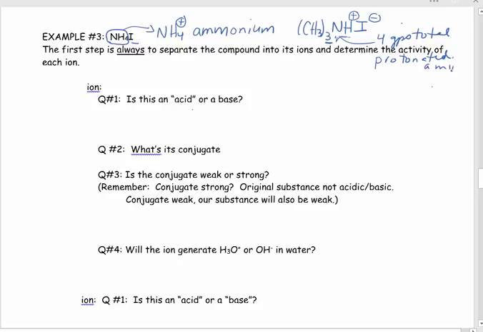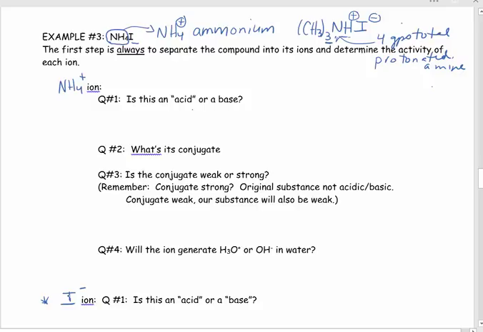All right? So it's not a weak base, it's the conjugate acid. But in this case, NH4I, I would expect you to recognize that the NH4 is NH4 plus. So this is the NH4 plus ion, and this is the I minus ion way down here at the bottom of the screen.